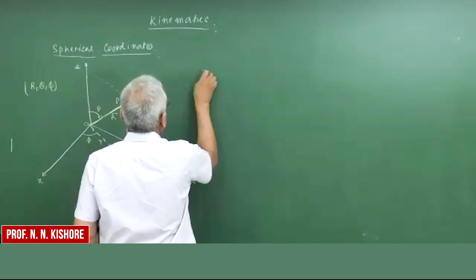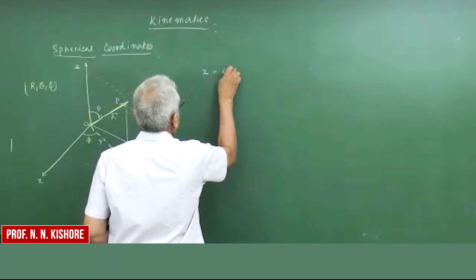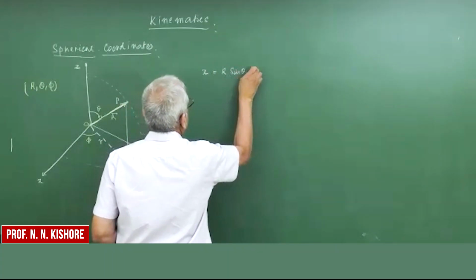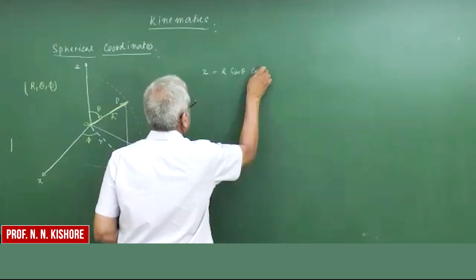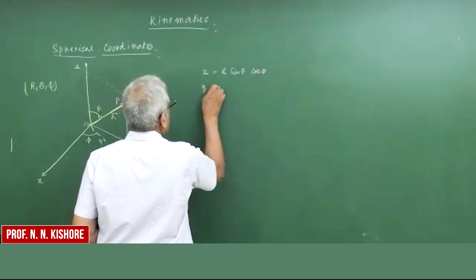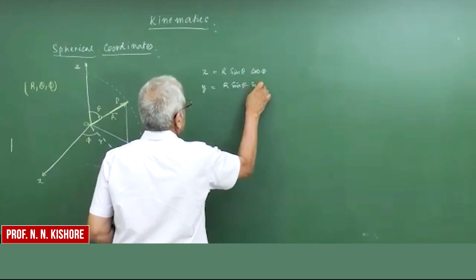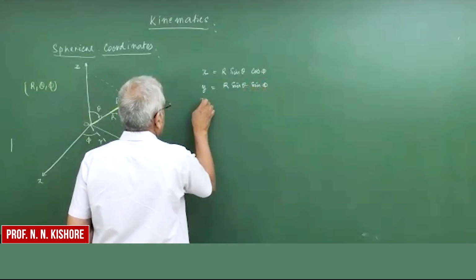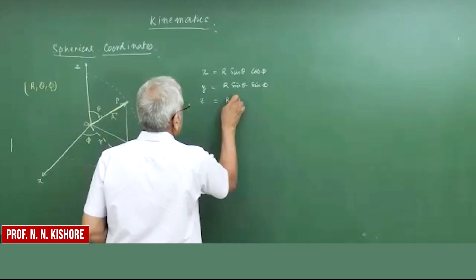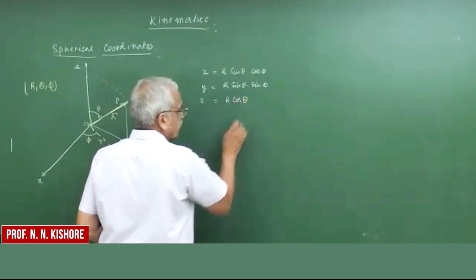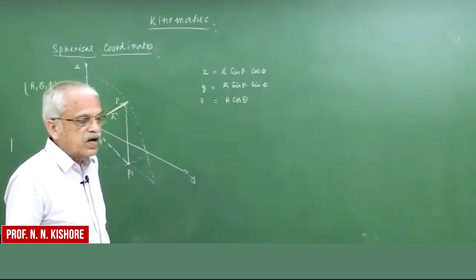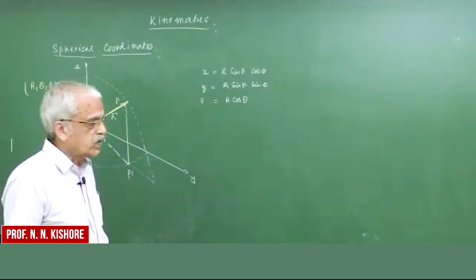So x is r sine theta cos phi, and y is r sine theta sine phi. z is r cos theta. So this is from r, theta, phi to xyz coordinates.